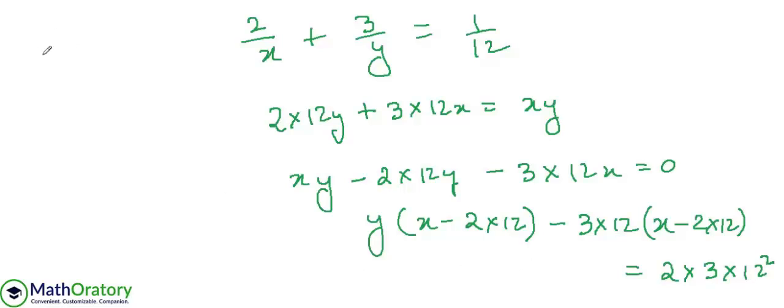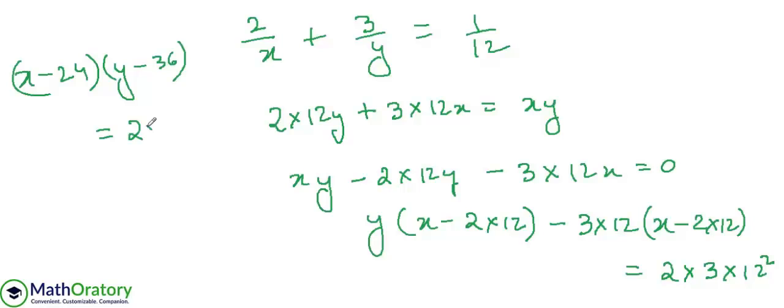The final equation goes like this: x minus 24 into y minus 36 is equal to 2 into 3 into 12 square. Again, both of these cannot be negative, because if x is less than 24, then 2 by x is greater than 1 by 12. Same idea would happen. You can just test it out.